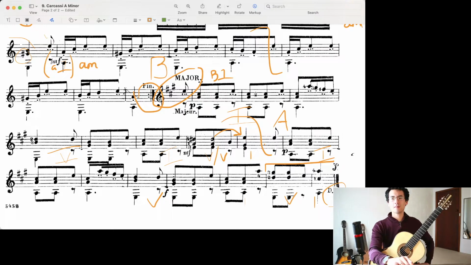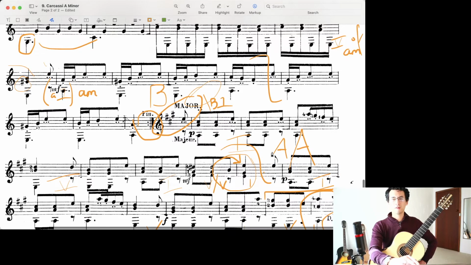Okay, so it's an 8-bar question, and then back to A and back, and that's the answer. Question ends on the dominant and the answer ends on the tonic, which is very, very normal.